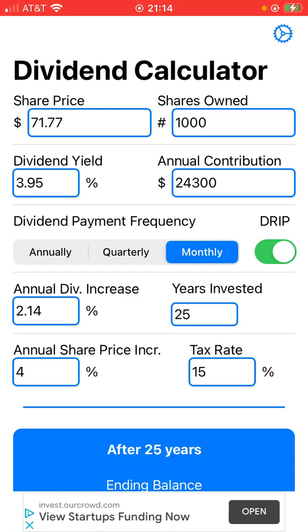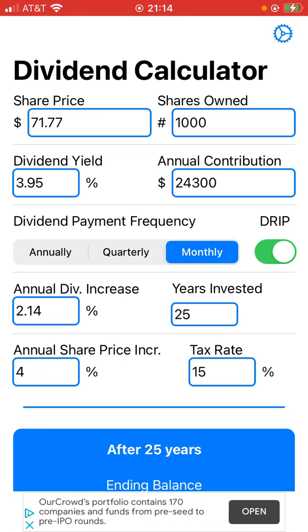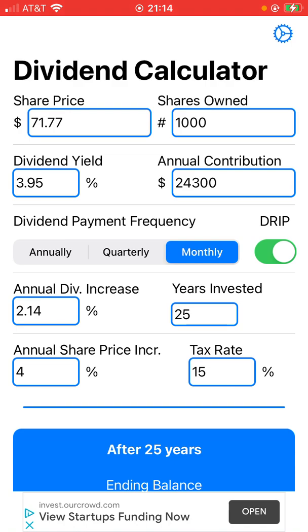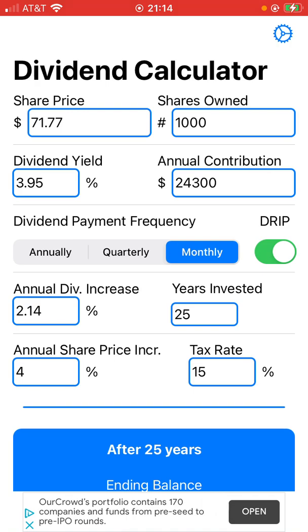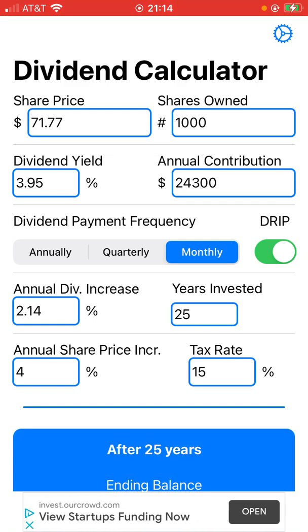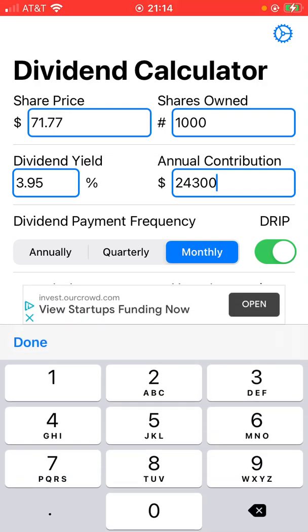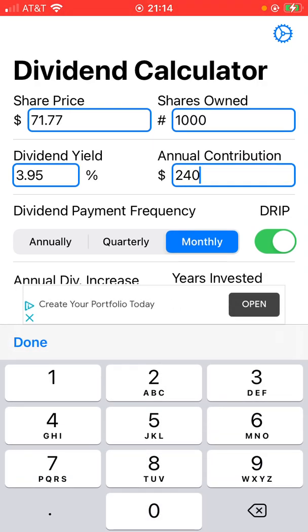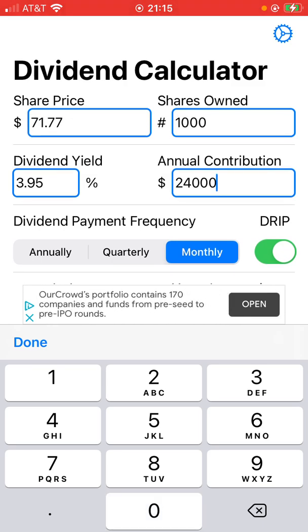So this is an actual real life number. Say you're getting some extra income from somewhere, like an inheritance or rental property or whatever, about $2,000 a month, from multiple sources or streams of income.